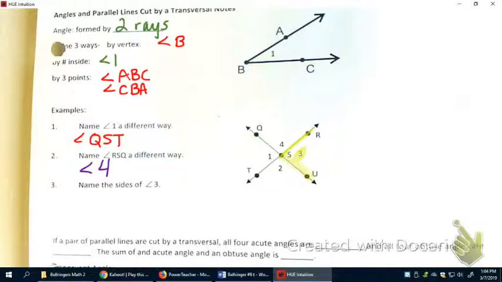So tell me one of the sides of angle 3. It's a side, so it's just RS, and you put a little line over it. You could say SR or you could say RS. That's fine. A side is two letters. What's the other side? SU? Or you could say US.